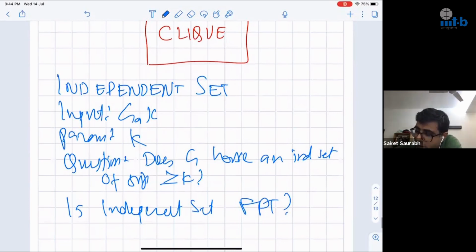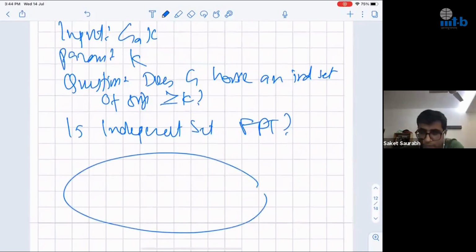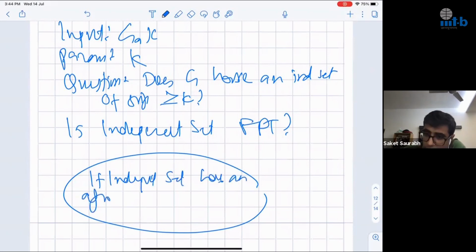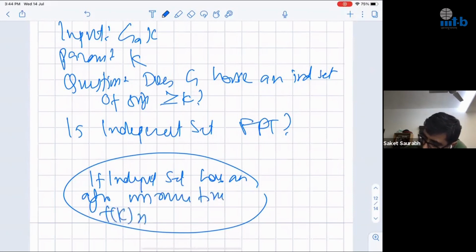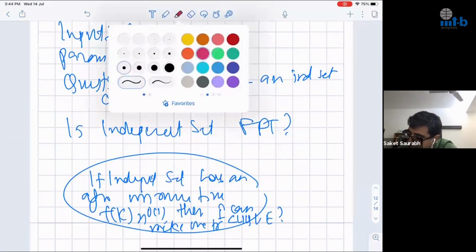So look, in the world of reductions, you should always associate the following meaning: if independent set has an algorithm with running time f of k n to the power big O of 1, then I can make one for clique. This is the only thing that you should remember.